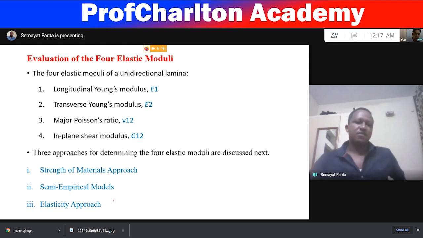So among them, the 4 elastic properties are the parameters which we are going to determine first, in the unidirectional lamina, UD.